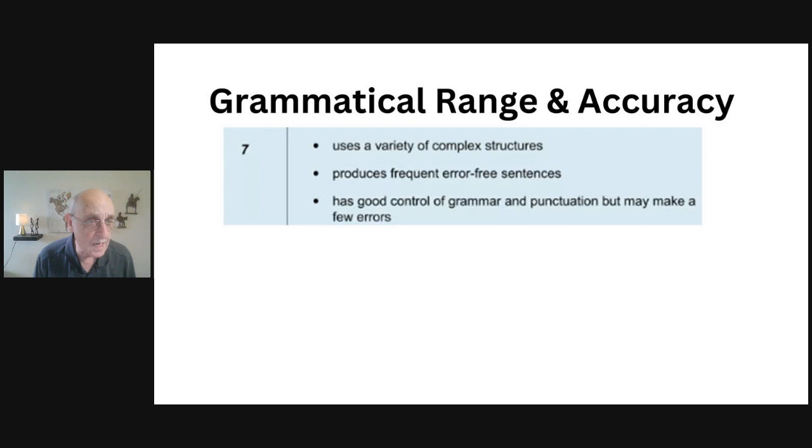A compound sentence. I eat breakfast every day because it helps me maintain my health. It's a compound sentence just joined together with the conjunction because. It's really just putting two simple sentences together. And then if I just add a simple phrase to a compound sentence, I have a complex compound sentence.